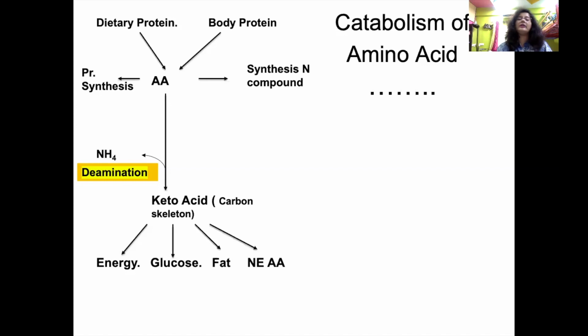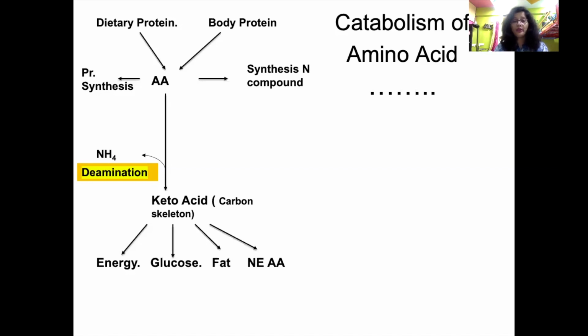Now let's go to the catabolism part of amino acid metabolism, or protein metabolism. The first step in the catabolism of any amino acid is the removal of the amino group. The removal of the amino group is known as the deamination process, and because of the removal of this amino group, the resultant compound which is formed is known as a carbon skeleton, which is mostly a keto acid.